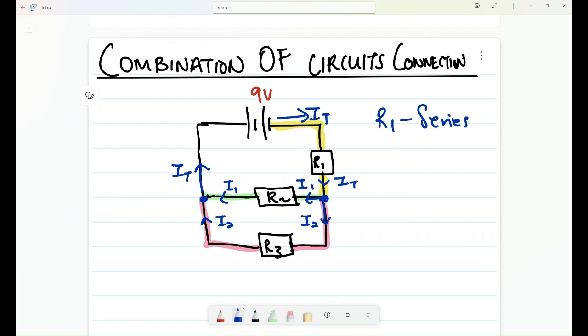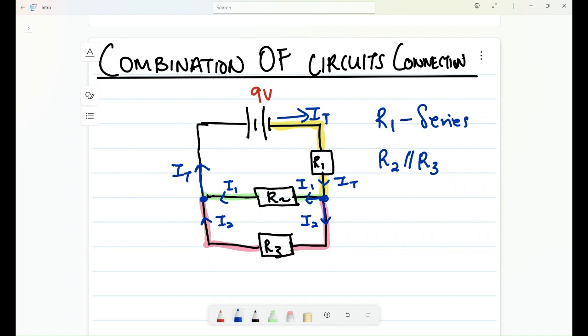So those that share the current, we are saying they are in parallel. So we're gonna say R2 is in parallel with R3. All right. So this is how we're gonna denote parallel.